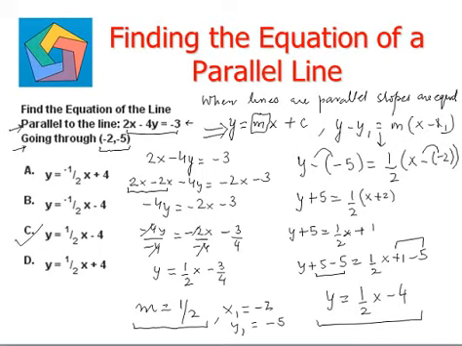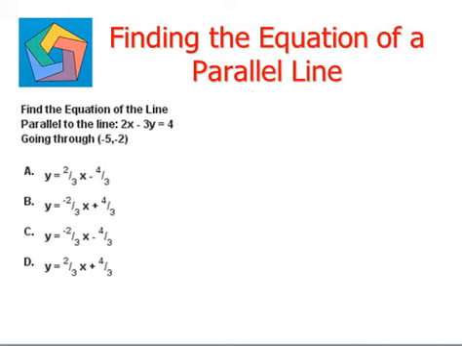For better understanding, let's try another question. Find the equation of the line parallel to the line 2x minus 3y equals 4, going through negative 5 and negative 2. So let's write the equation first: 2x minus 3y equals 4. We'll be putting this equation in the form of y equals mx plus c.